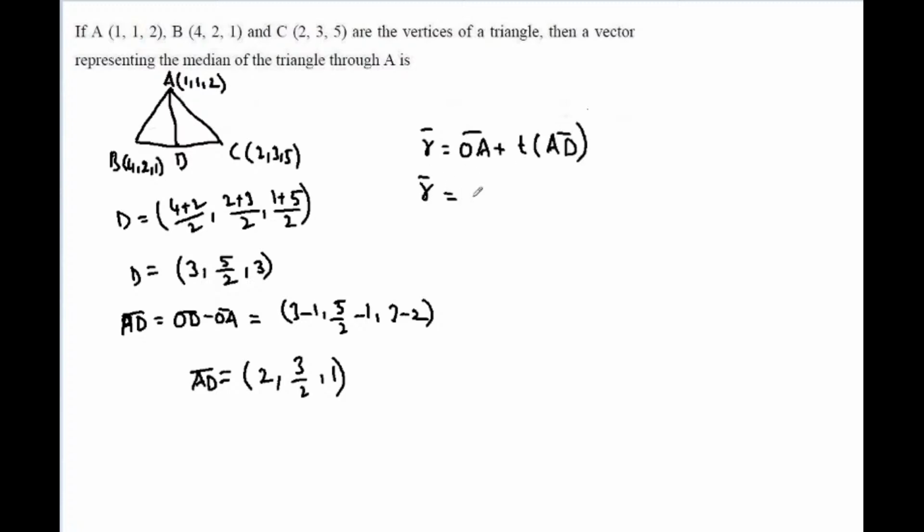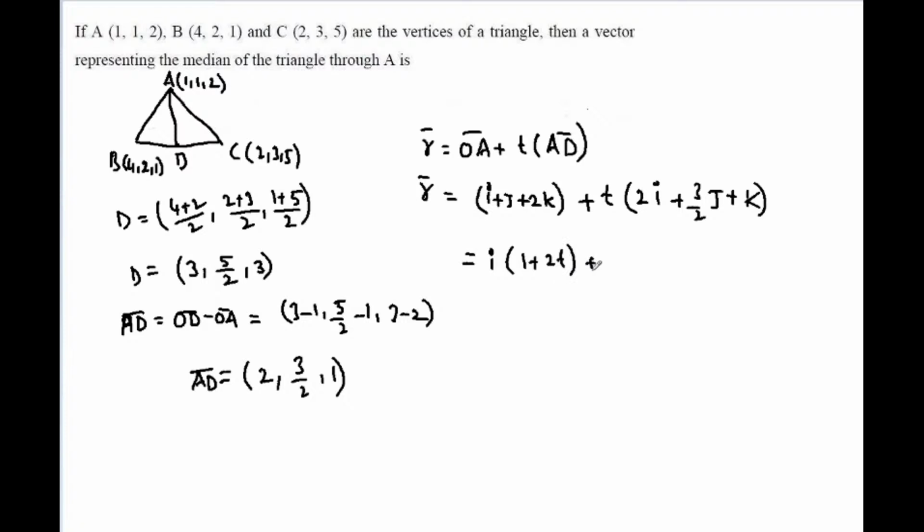So r = OA, that is i + j + 2k, plus t × AD, (2i + 3/2 j + k). So taking i common, that is 1 + 2t, j common, that is 1 + (3/2)t, and k common, 2 + t. This is the vector equation of the median passing through A.